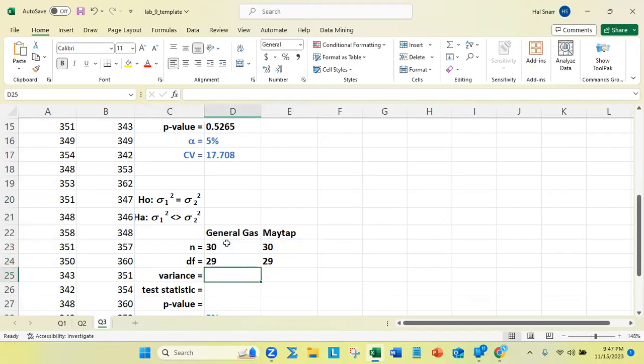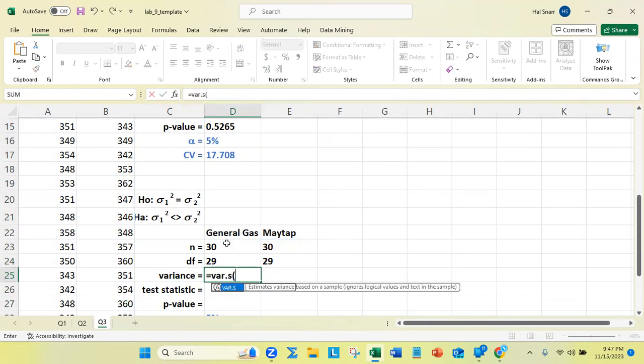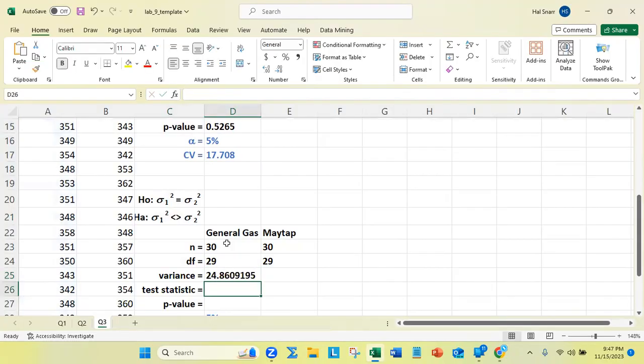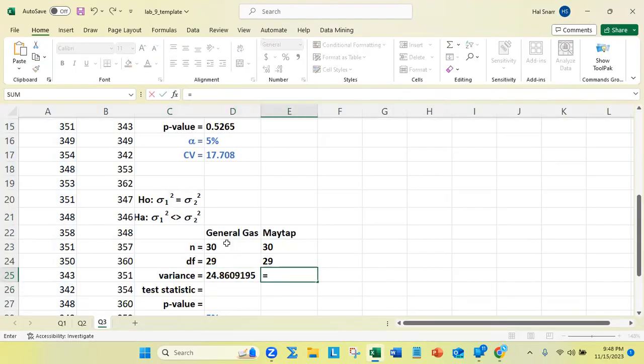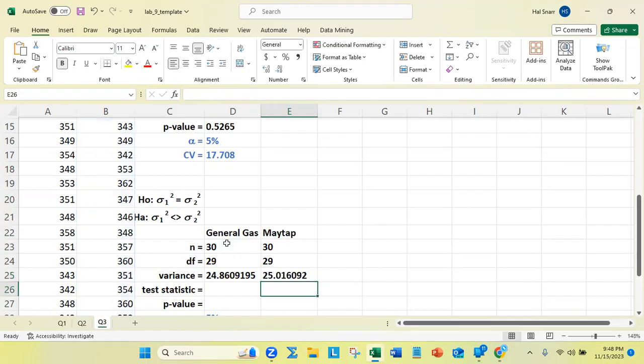Then we got to do our variances, right? So we're going to do equal variance of the sample. So VAR.S, GG for General Gas, and then equal VAR.S for Maytap, and Maytap is MT, right? We named those numbers MT, remember that? Yeah. Now we got two variances here, right? Two sample variances.